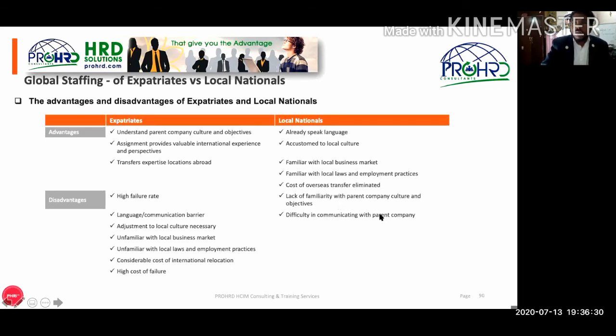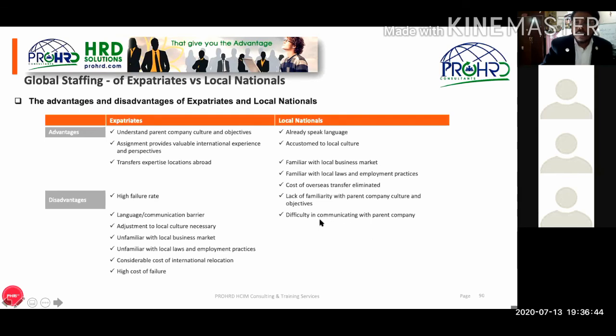They are not familiar with US culture or US policies and procedures. Then difficulty in communicating with the parent company, because being a Kuwaiti local national, I have difficulty relating to the foreign company. These are all disadvantages.